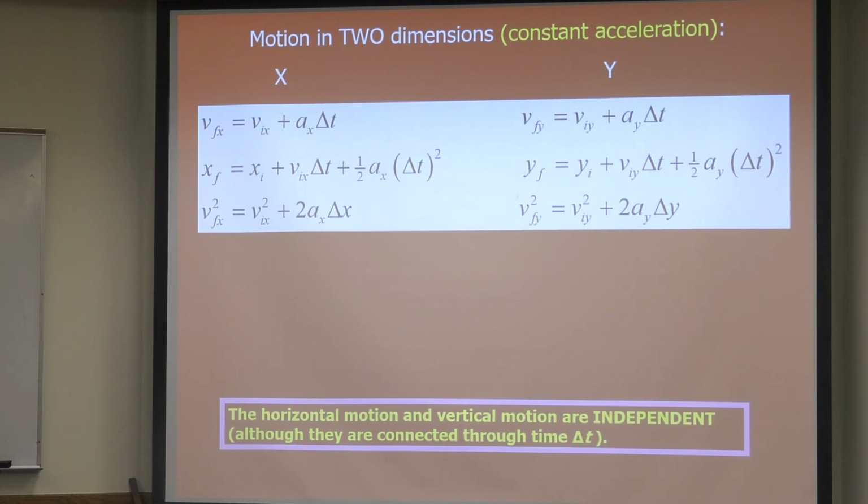We could have done it the other way, with ay being 0. So we only want acceleration in one dimension. In this dimension we don't want any acceleration at all, constant velocity, but in the other dimension we want there to be acceleration. You'll see why.